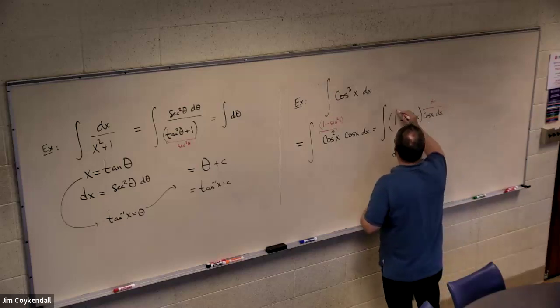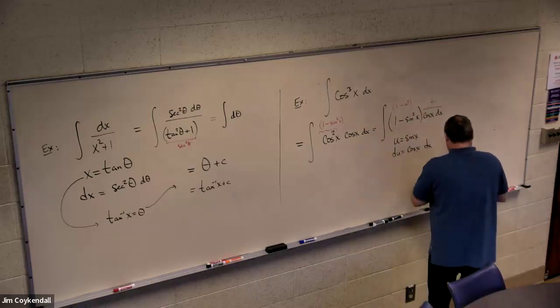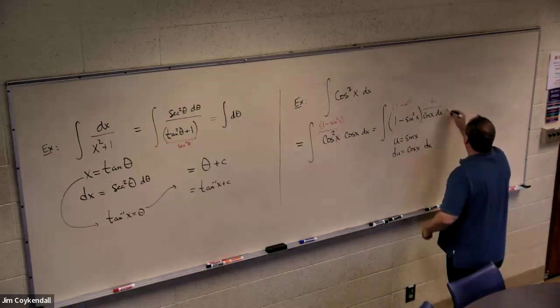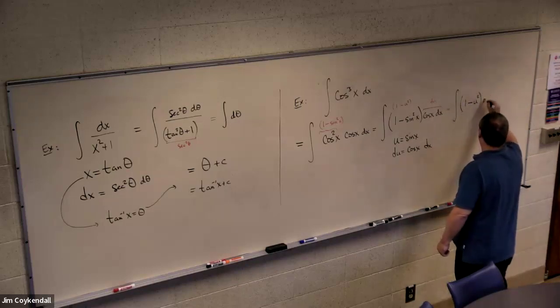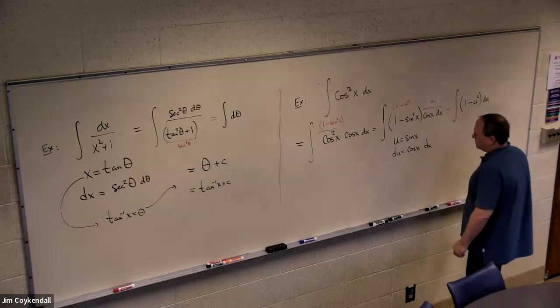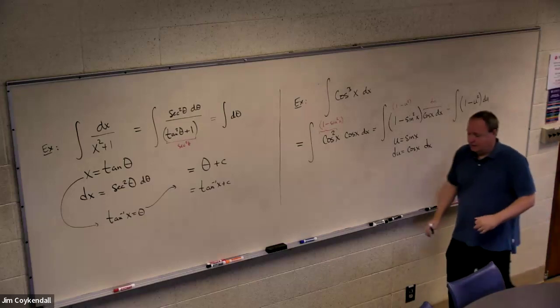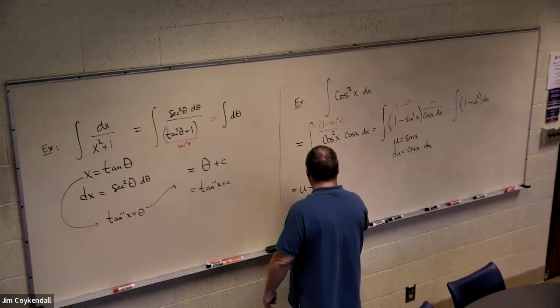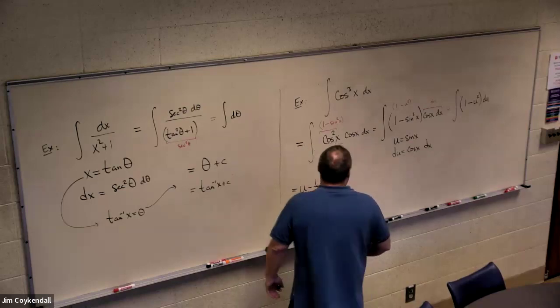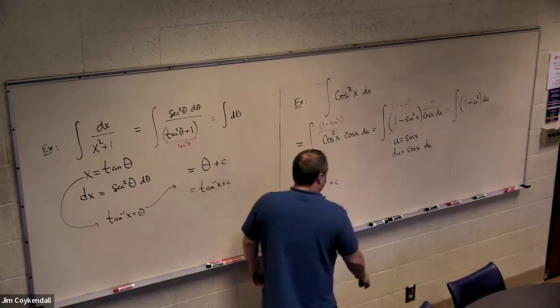So I've turned this actually into a polynomial. Let's integrate the polynomial. So I get u minus 1/3 u cubed plus a constant.